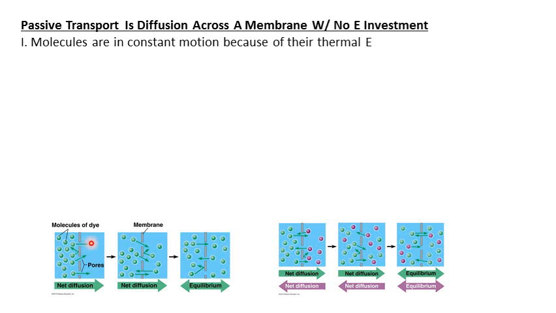So what we have is thermal energy, sometimes called intrinsic kinetic energy of molecules. They're causing them to bump into one another, they ricochet off, and some of them make their way from one side where it's crowded to the other side where it's less crowded. Once again, this is an example of passive transport, or diffusion, because there is no energy being invested by the system itself.